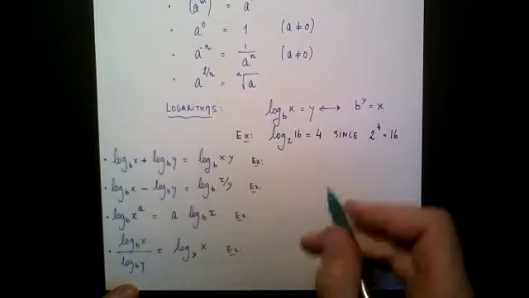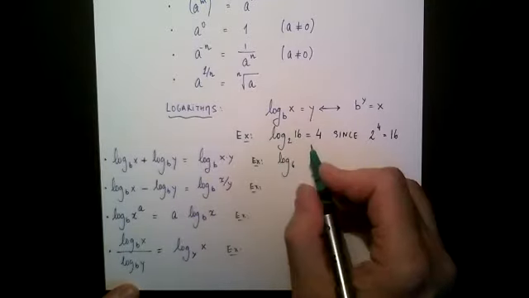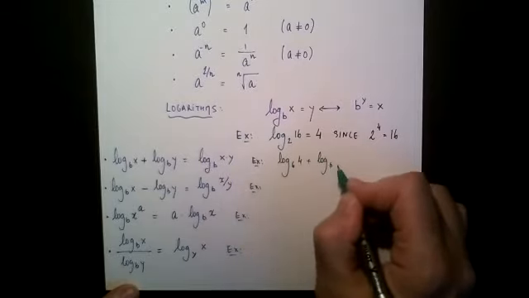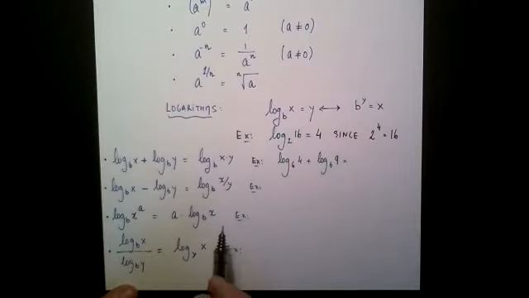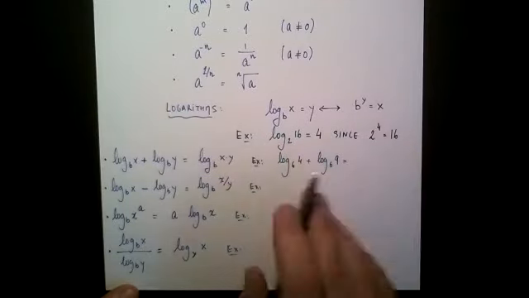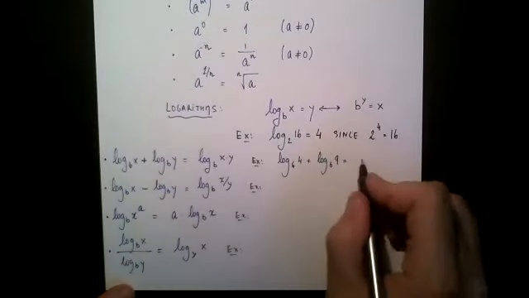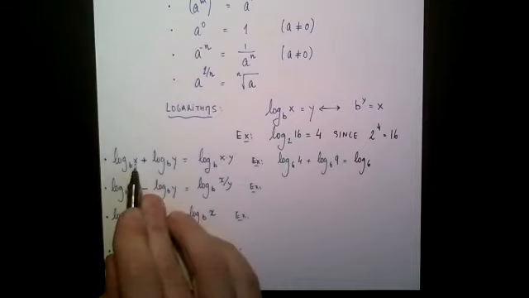So example, let's say log in base 6 of 4 plus log in base 6 of 9 equals what? Okay, so according to my rule, you put the base log in base 6 and you multiply the 4 and the 9.